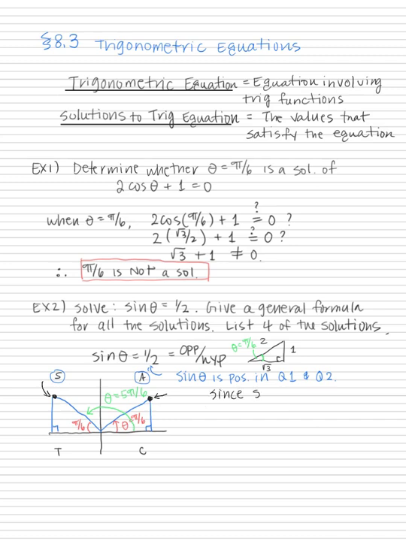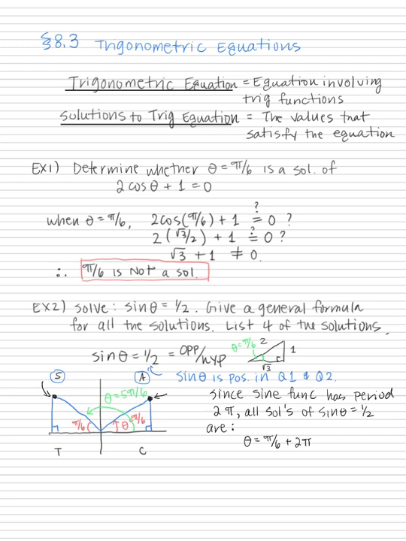Okay, so since the sine function has a period of 2 pi, remember we want to get all the possible solutions. So all solutions of sine of theta equals 1/2 are: starting from theta equals pi over 6, you add multiples of 2 pi.